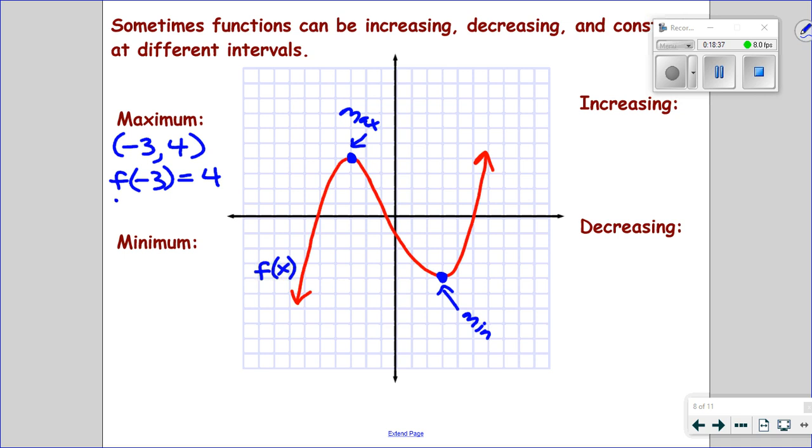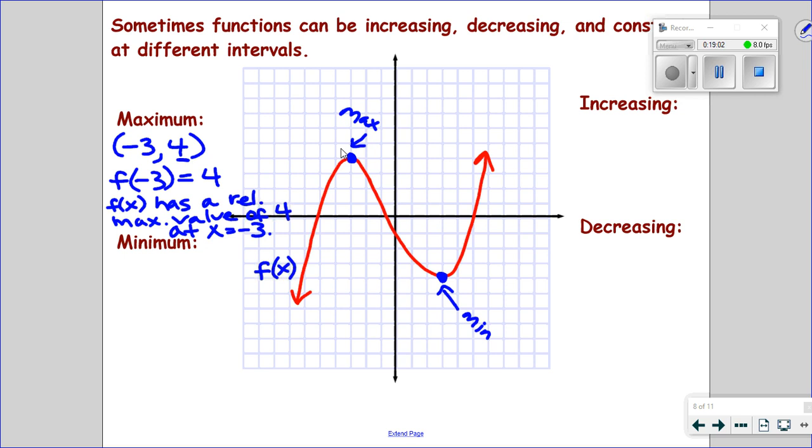We might say f of x has a relative, or you could say local, maximum value of 4 at x equals -3.